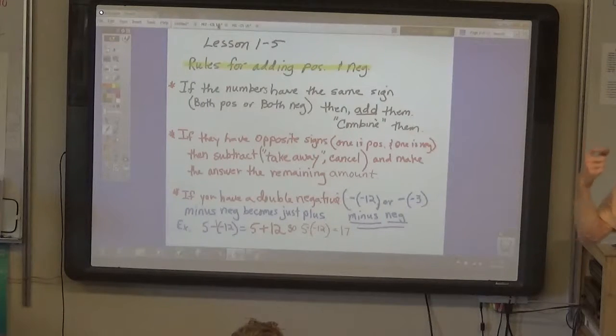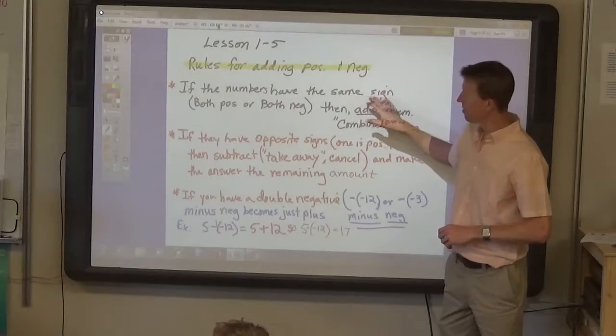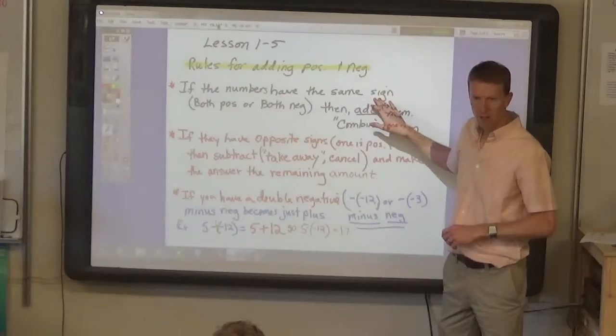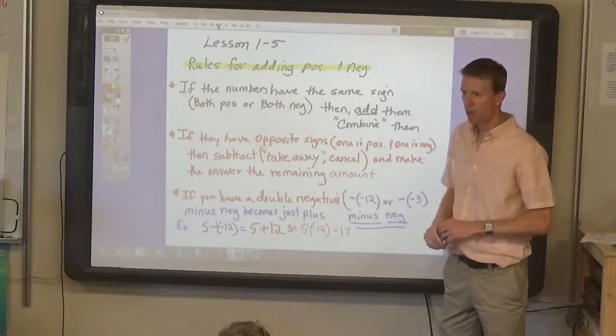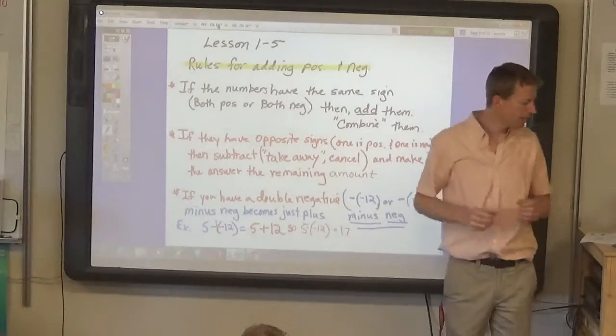So we're going to insert a plus sign in front of where you see a minus sign. If there's not a plus sign there, then we're going to insert a plus sign in front of a minus sign. Now, if both numbers have the same sign, meaning that they're both positive or both negative, then you just combine them. Think of it this way.